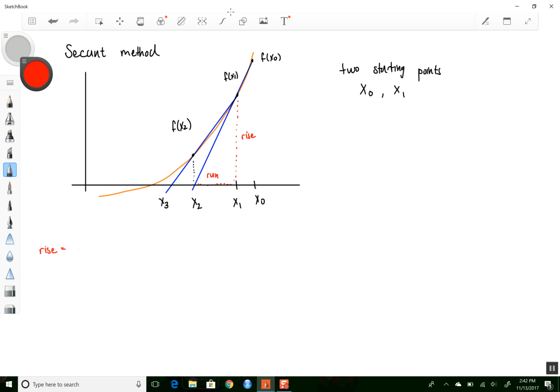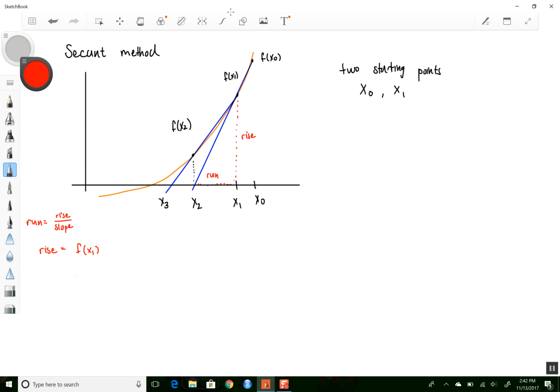What's the rise? The rise is going to be f of x1. And the run is equal to the rise divided by the slope.